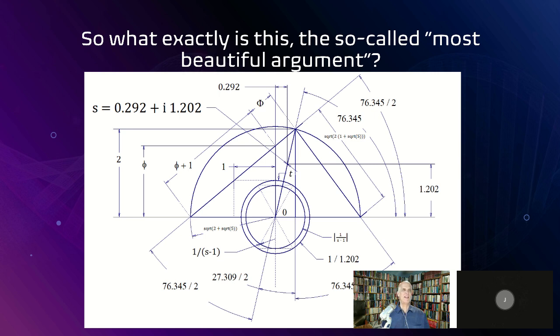It's maybe not immediately obvious, but for example, if I know that the base is 1, then I know the height above that is going to be 1 over square root of phi, and the hypotenuse is going to be square root of phi. So the whole thing is phi minus square root of phi. That height of the circle has got to be phi minus 1 over square root of phi.